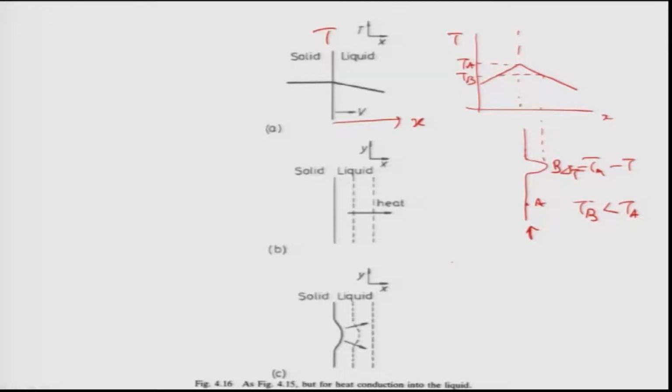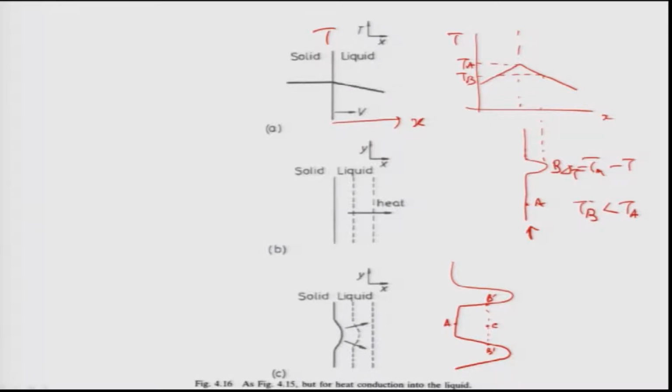Suppose if I draw a simple picture, I have two protrusions created, and this is point B, this is also point B. Let us suppose this is a point B prime, and this is point A, and if I draw a vertical line, this is point C. Now what will happen? You clearly see that at point C the liquid is more undercooled than at point B. That is obvious, because point B is sitting on the solid surface, and because it is already solid, any further growth of the solid will lead to evolution of latent heat.